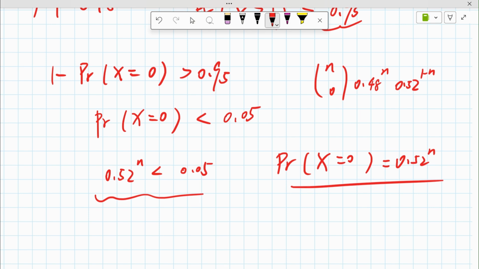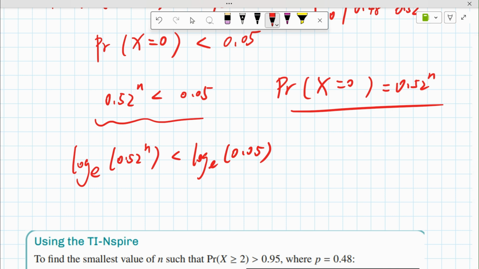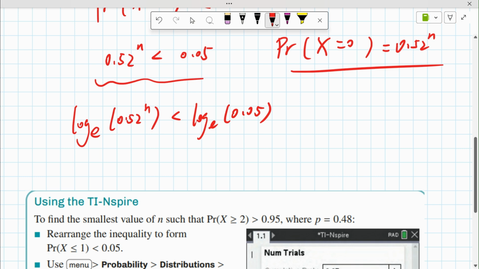So now we can use the solve function. We can do log e of 0.52 to the power n is less than or equal to log e of 0.05, so we're using the same base to figure out n. So n times log e 0.52 is less than log e 0.05.